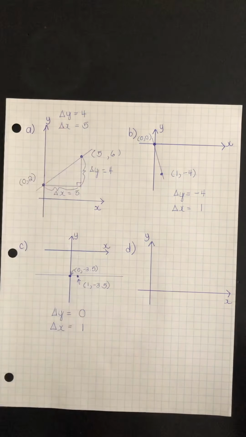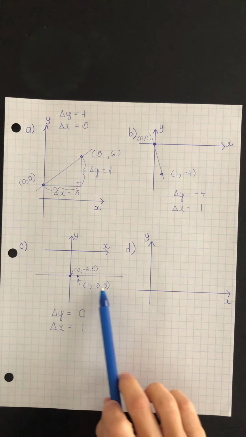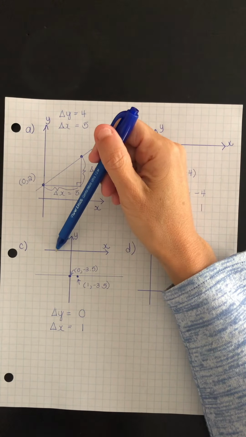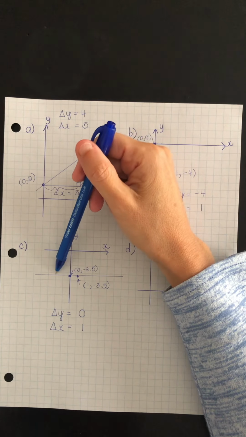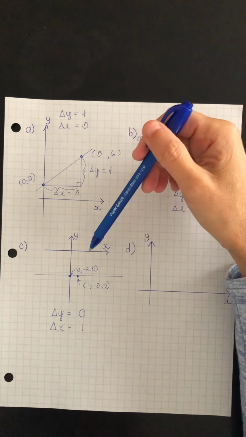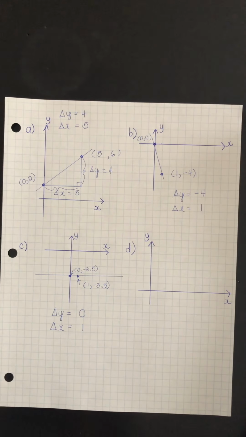And there are, of course, an infinite number of points on this line. This one here, for example, (-2, -3.5). But the point (100, -3.5) would also be on this line.